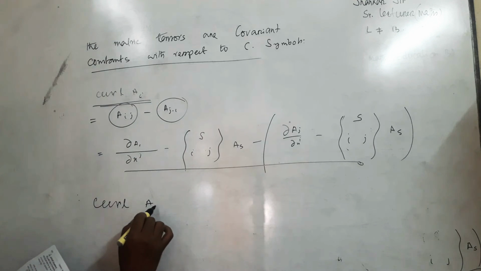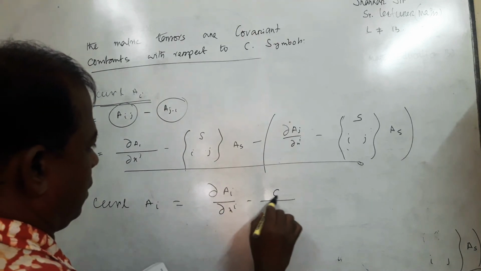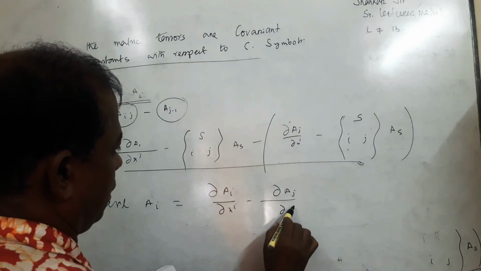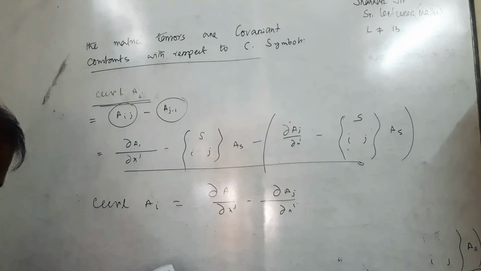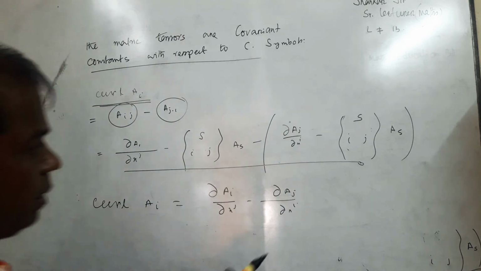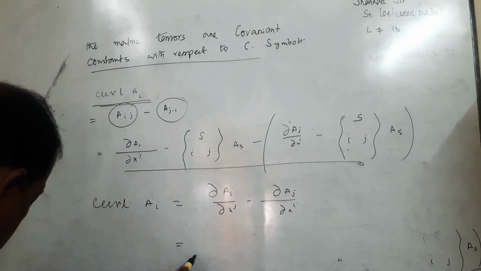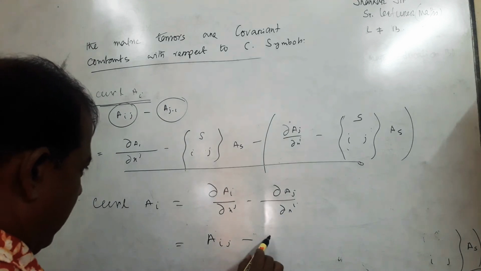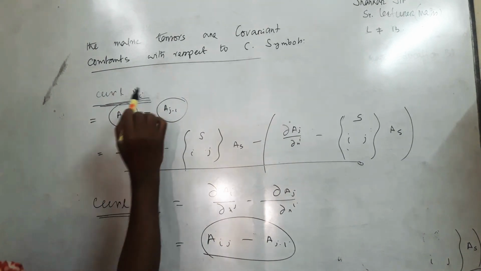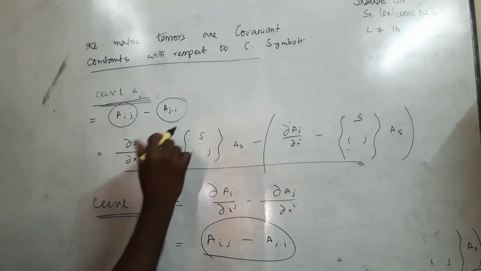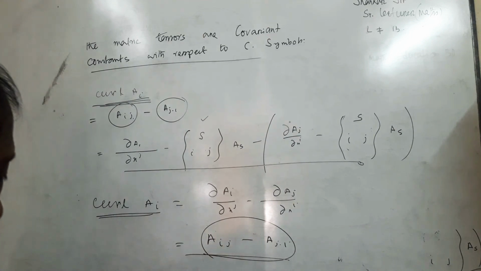Curl of A_i equals del A_i divided by del x^j minus del A_j divided by del x^i, which equals A_i,j minus A_j,i. It is the curl of A_i. These are the rules and format. Memorize these rules, and their application.